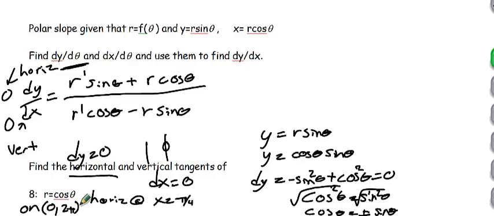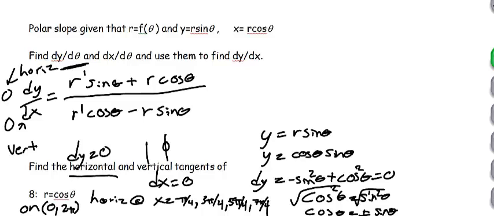So a lot of times you won't really be looking too closely at the endpoints, even though sine and cosine do extend past those endpoints, so that makes it a little bit of a tricky question. So, one way or the other, we got pi over 4, 3 pi over 4, and we're just going to keep to 0 to 2 pi right now, 5 pi over 4 and 7 pi over 4.